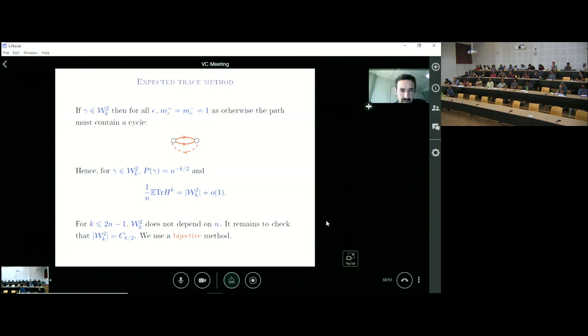So what remains to do is to take k even and to prove that the cardinal number of this set is given by the Catalan number. For that, we build a bijection between this set and a set which is known to be counted by Catalan numbers.